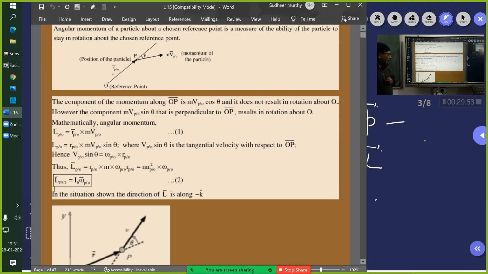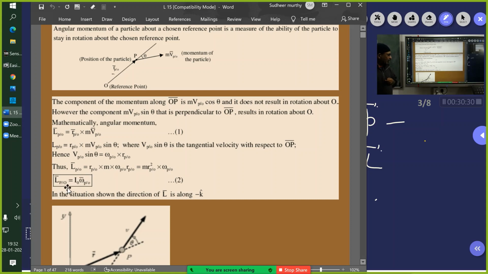Now these designations are important here, because when we defined translation momentum, it was simply m v bar. We did not bother about with respect to what. But here it is extremely important, because if you change the reference point, I repeat, if you change the reference point, then this quantity will also change.